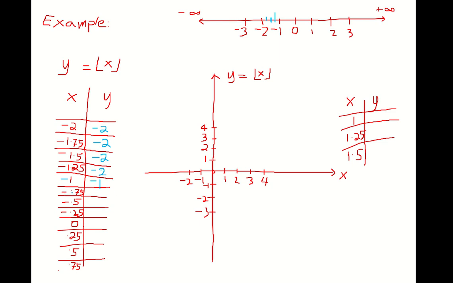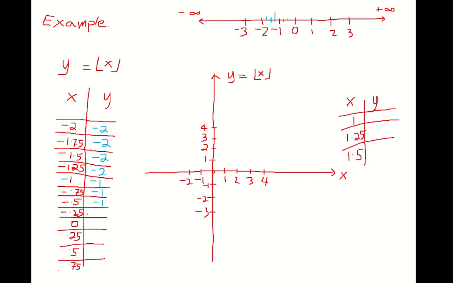How about negative 0.75? Negative 0.75 is somewhere here. This is half of it, this is 0.5, so 0.75 is here. So we have to round it down to negative 1 also. And how about negative 0.5? Same, negative 0.5 rounds down to negative 1.